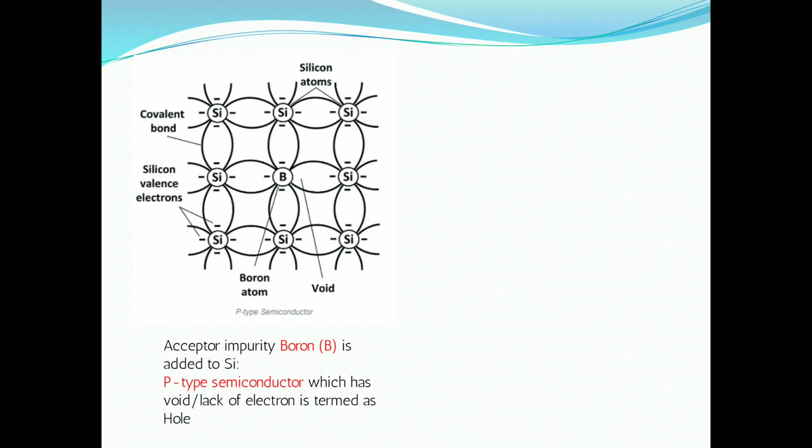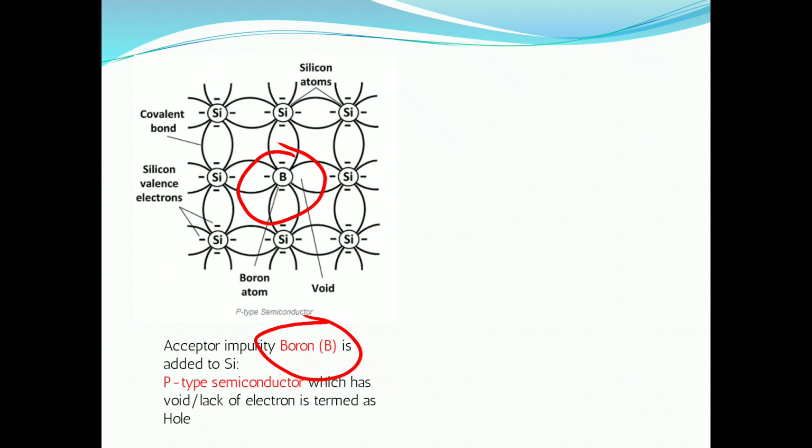In this case, if we add boron to this silicon, what happens? We get a p-type semiconductor which has a void, or which is a lack of electron, and it is termed as a hole. Dear friends, you can see here, this boron atom has been added to these nearby silicon atoms. This is just for an example.